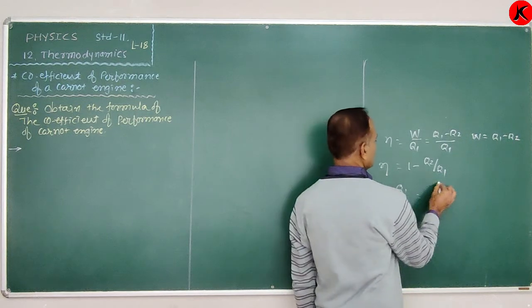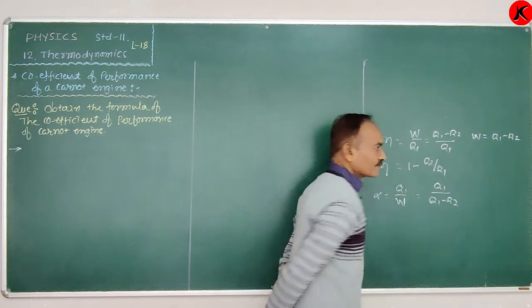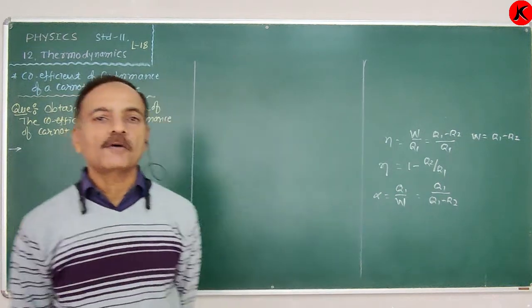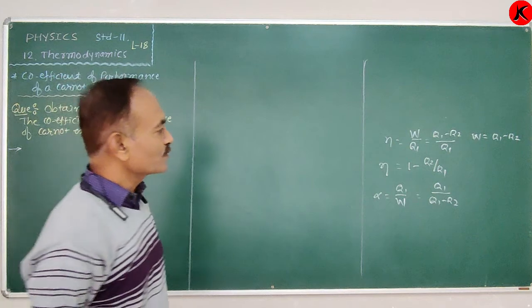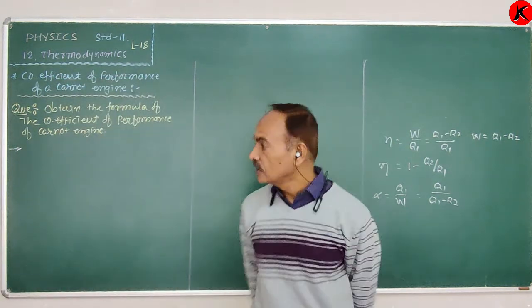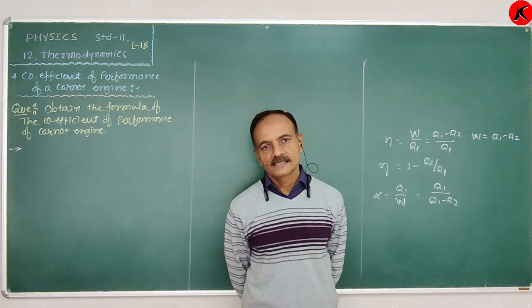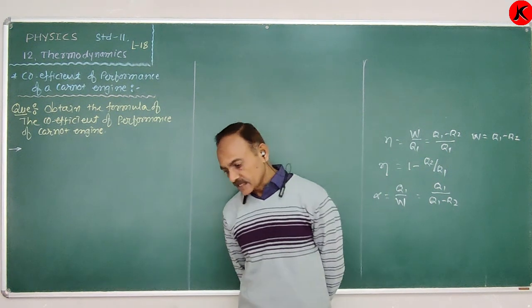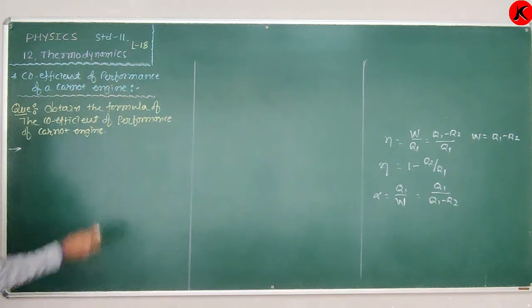So as a result, Q1 upon Q1 minus Q2 is the equation of coefficient of performance. We are using these two equations to derive the equation of coefficient of performance of a Carnot engine.